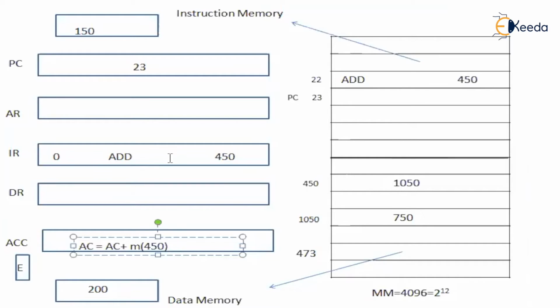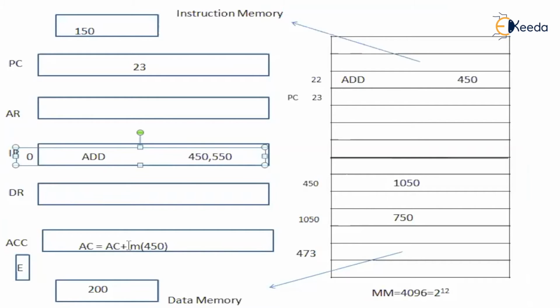One instruction may have two or three operands, such as 450 comma 550. Here I do have two operands available in the instruction itself. So at that time, one will be the source and the destination, and one more will be just the source. Here, accumulator cannot be implicit.